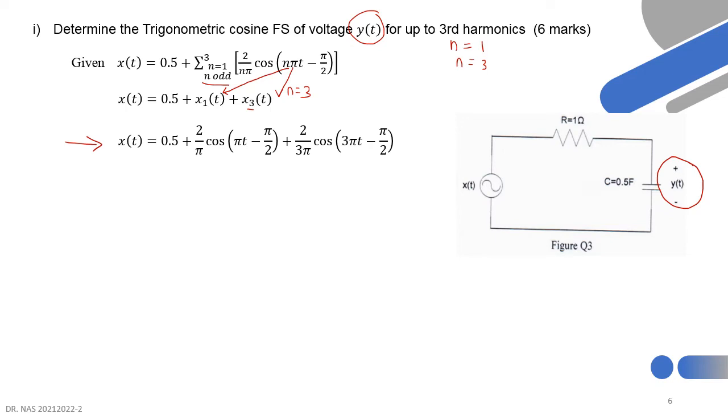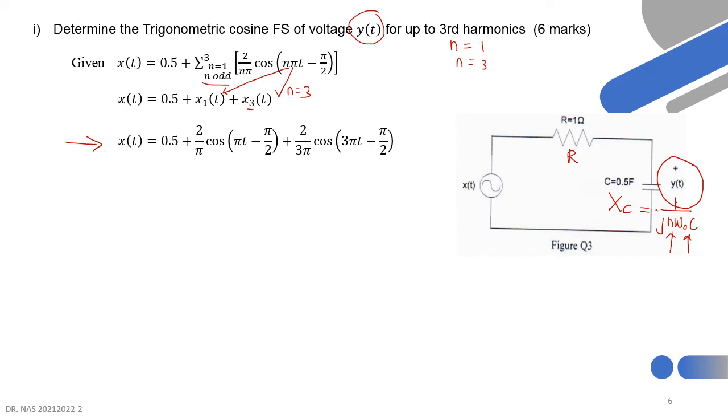In this case, R will remain as R and C will become XC, in which XC equals 1 over j n omega naught C. So n is the harmonics number, and omega naught is the fundamental angular frequency in radian per second.